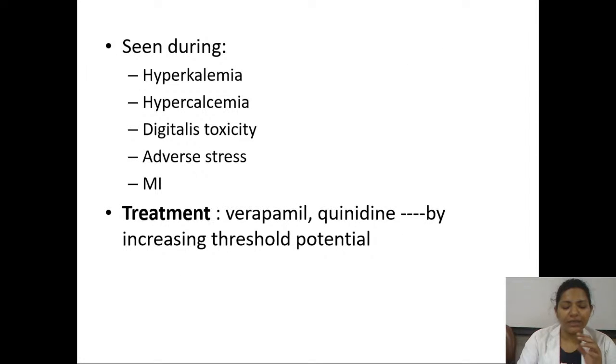Delayed afterdepolarizations are usually seen in patients with hyperkalemia, hypercalcemia, digitalis toxicity, adrenergic stress, or in patients of MI. For these patients, we usually give verapamil and quinidine, which act by increasing the threshold potential.